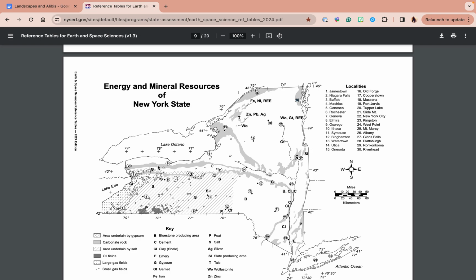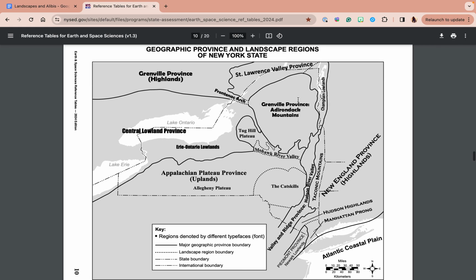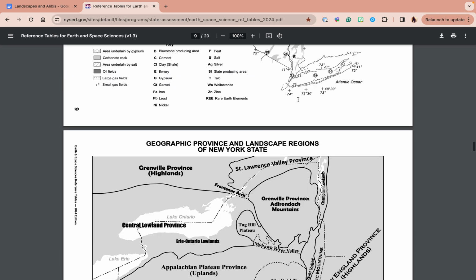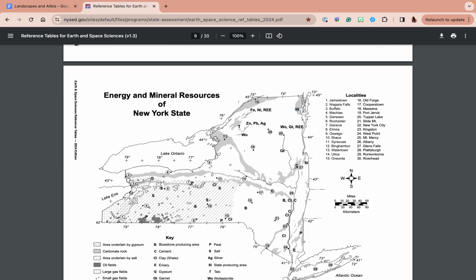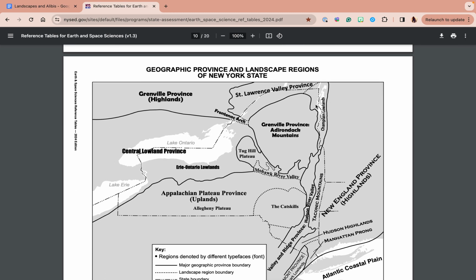Next thing I'm going to do is use the same reference table to try to find what landscape province and area this is in. The way we'll find landscape province and region is we'll go to this page here. So it's page 10, which shows the geographic province and landscape regions in New York State. So Lake Champlain is kind of right up this area. Plattsburgh is way up here. I'm going to say that's in this area here.